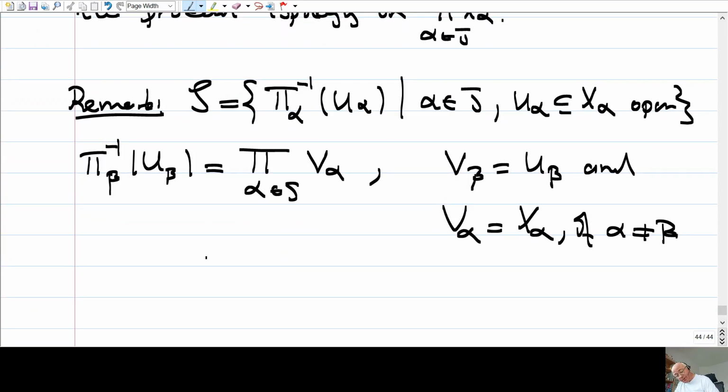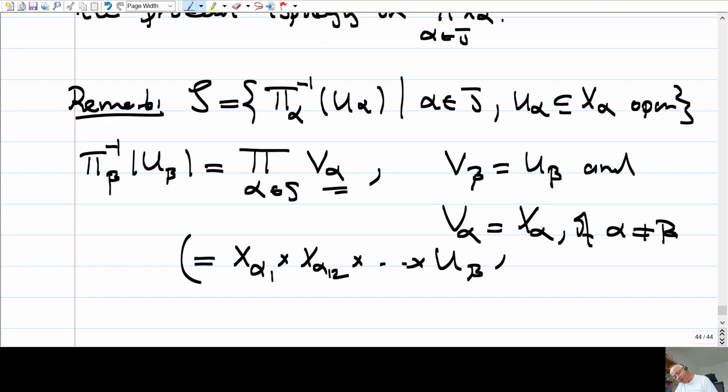So what is this? In parentheses, let me write, this is like the product of X alphas, X alpha 1, alpha 2, something like this. But when it comes to beta coordinate, instead of X beta, I have U beta, and then again the whole space.